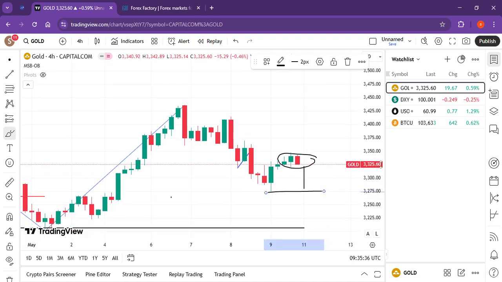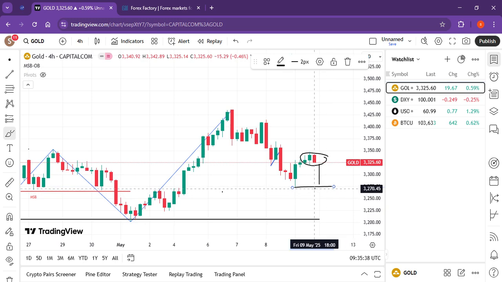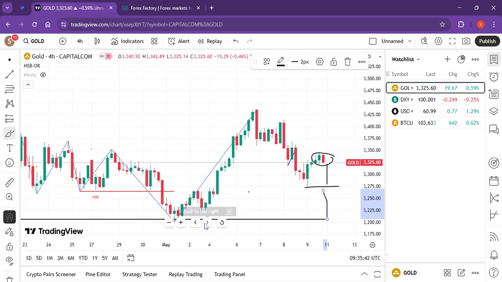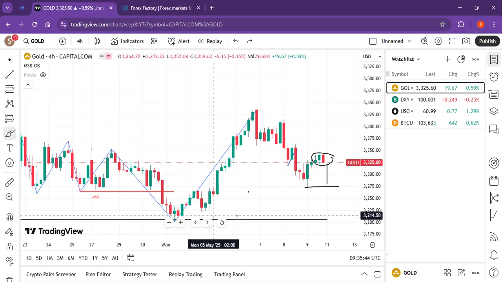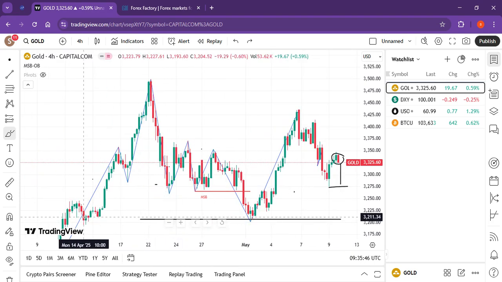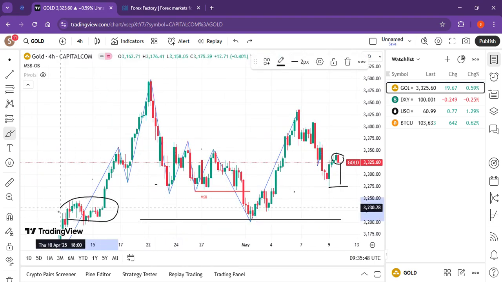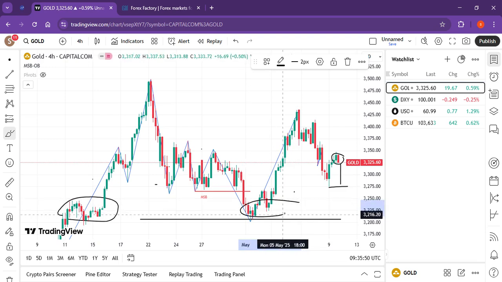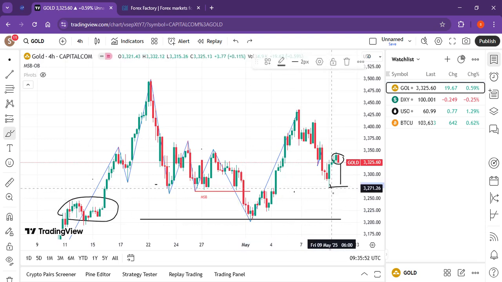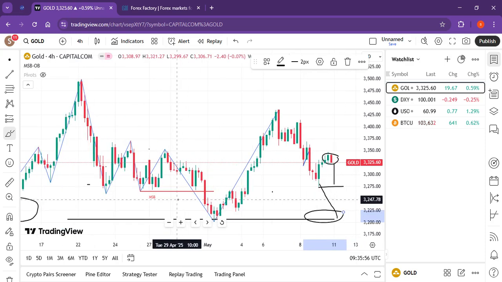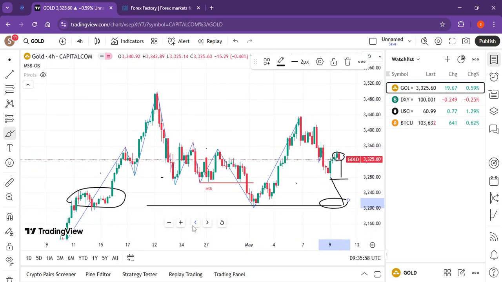And if this breaches, we can expect the prices can fall immediately up to 3200 as well. That's why I have just drawn this particular line, because the last two times gold has taken support from this area and bounced back, so it is likely to be retested next week again if prices fall, and if you can say sellers are being very heavy on the prices.